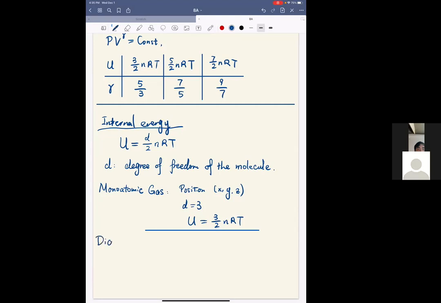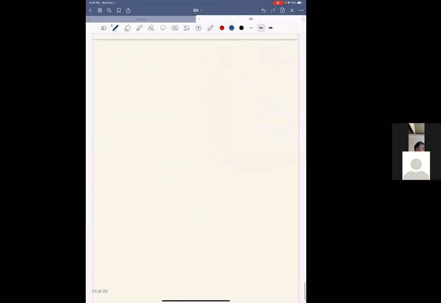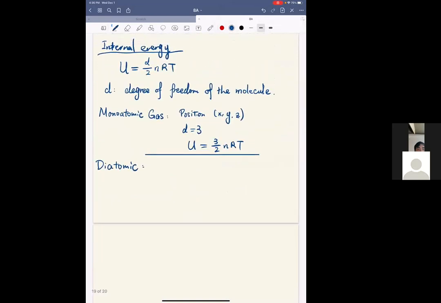But for diatomic gas, things get more complicated. So at low temperature, we can approximate the diatomic molecule by a simple model where there's a rod on the 2 ends of which are connected the 2 atoms.